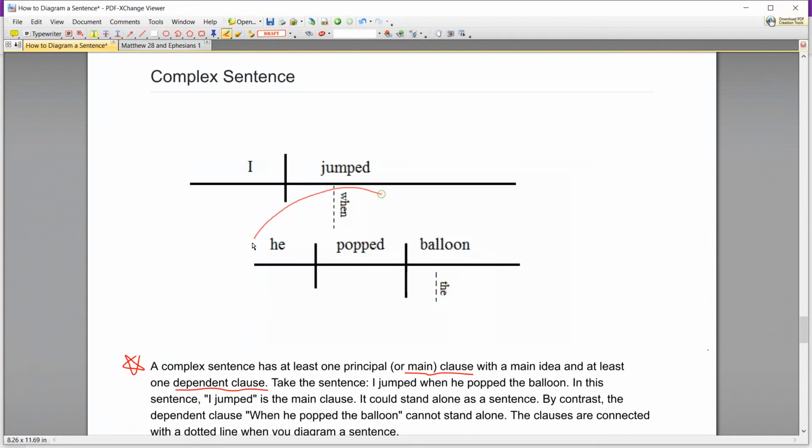You don't really need the rest. I jumped. It makes sense. And then when he popped the balloon is the dependent clause because it's depending on the main clause. It's adding more information. But this clause, when he popped the balloon, cannot stand alone. Because of when. If you say when he popped the balloon to someone, they will say, so what? What happened? So this is a dependent clause.